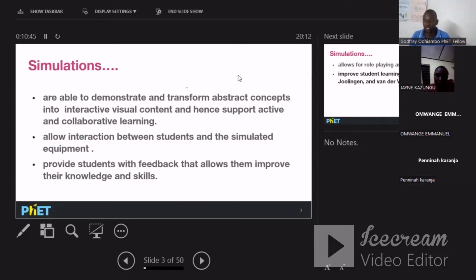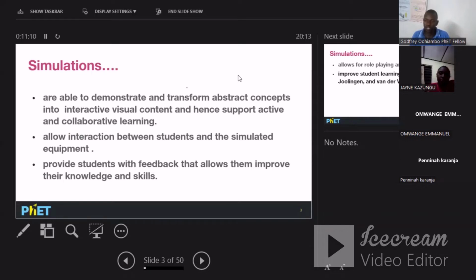The simulations are able to demonstrate and transform abstract concepts into interactive visual content, and hence support active and collaborative learning. The simulations also allow interaction between students and the simulated equipment.